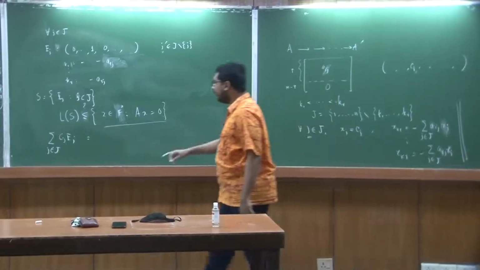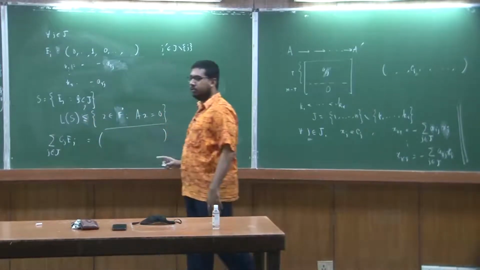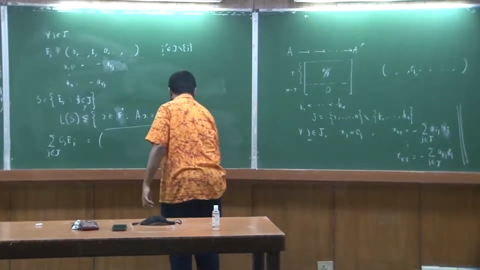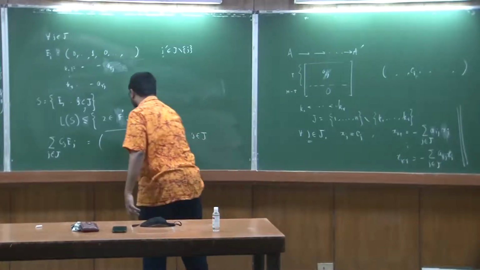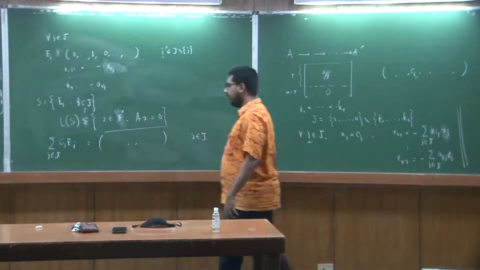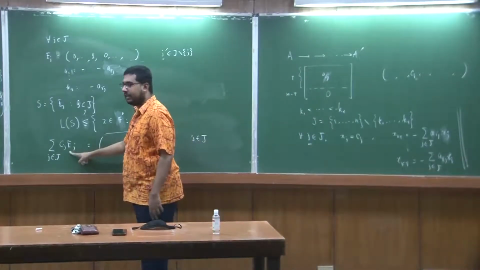So, this is going to be a tuple. In that tuple let us see what are its coordinates. If you fix a j in J, then what is going to be its jth coordinate? For that j we have a term Cj Ej.